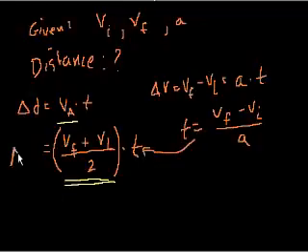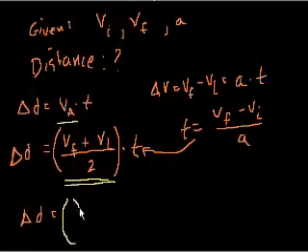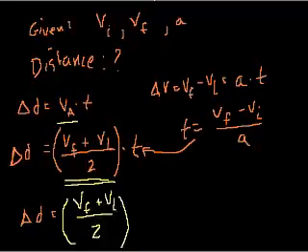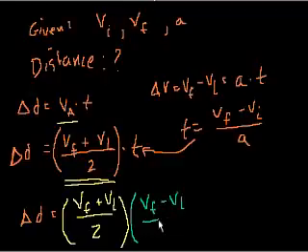And remember, this is all change in distance. So you say change in distance is equal to, so this term, let me write this term in yellow, Vf plus Vi over 2. And let me write this term in, I don't know, green. So that's times Vf minus Vi over a.